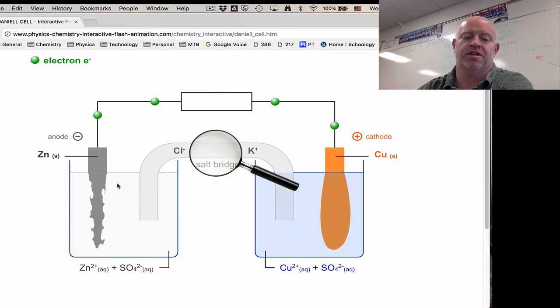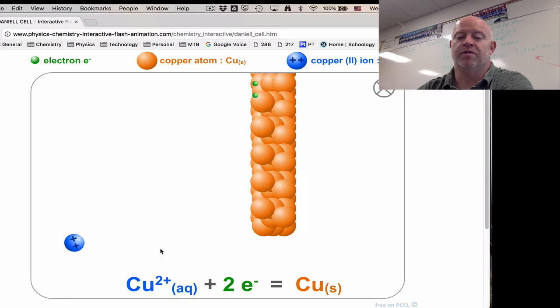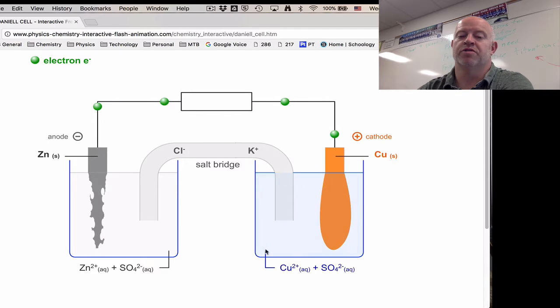This container would become heavily positively charged over time. On the other container, as we lose these ions and they become solid, we lose positive charge. The sulfate wouldn't leave, but we would be losing all our Cu2+. So this side would become heavily negatively charged.